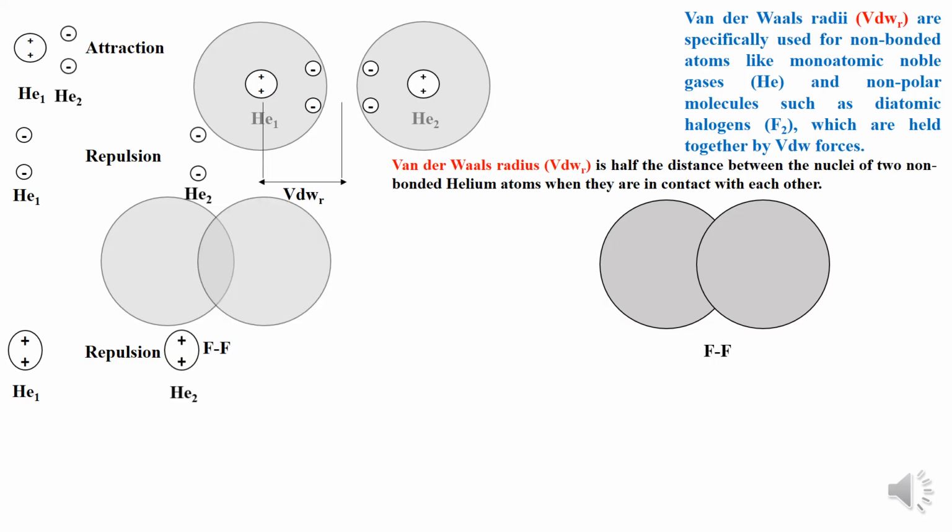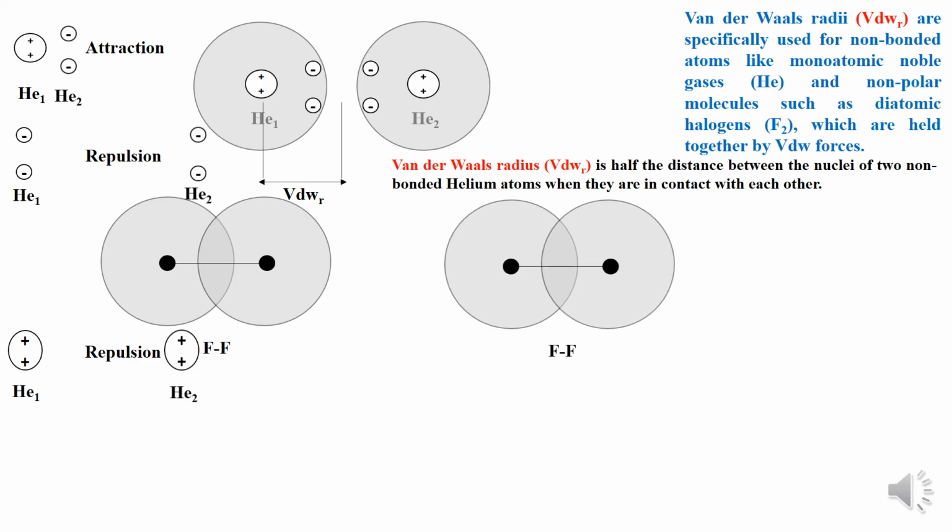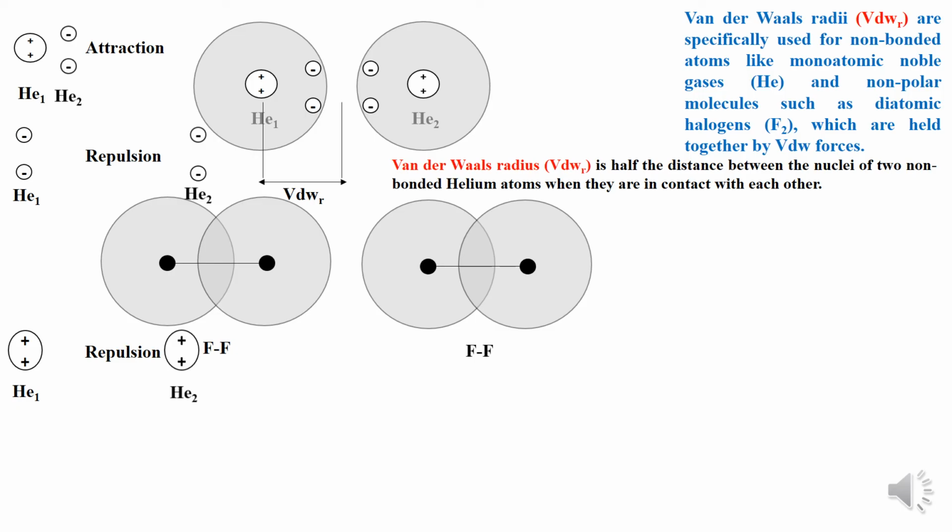And the same explanation holds good even in case of fluorine molecules. So here you find 2 fluorine molecules. They come close together because of electrostatic force of attraction between the nuclear protons of one molecule and the valence electron of the other molecule.